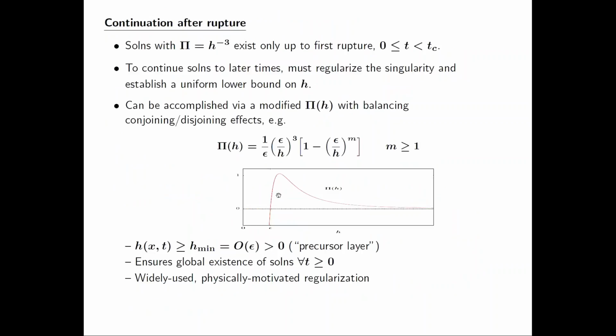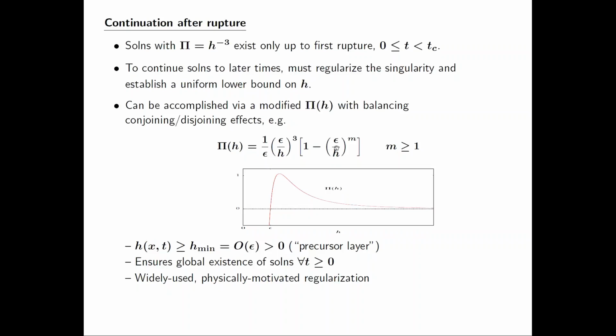The downside of this model is that after rupture happens, you can show that you can't continue the PDE. That's unphysical, but there's a way to change the disjoining pressure to add another term that more accurately represents the physical behavior, and then lets you continue the solutions for all times, which we're going to be interested in.